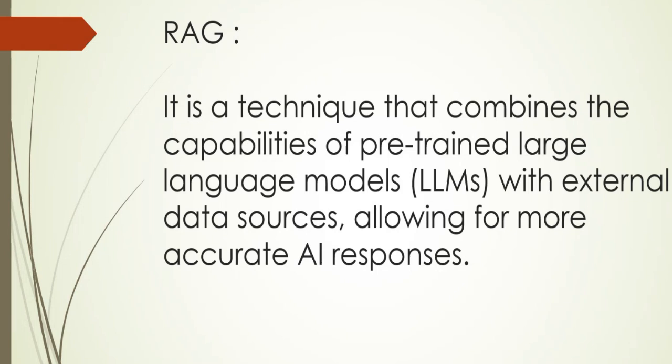Now here, RAG models are trained on massive datasets of text and code. They may even leverage existing general LLMs like Google Bard, ChatGPT. Now the point is, what are the limitations of traditional LLMs?